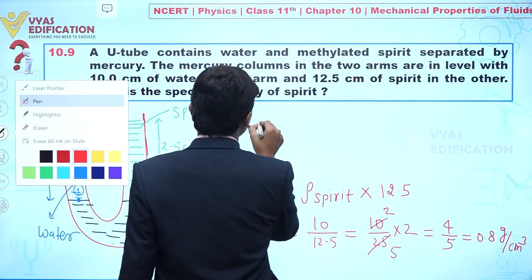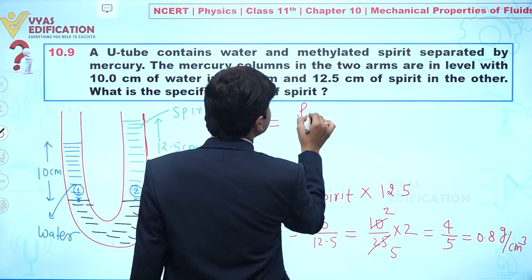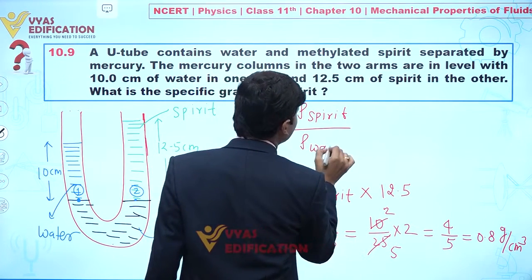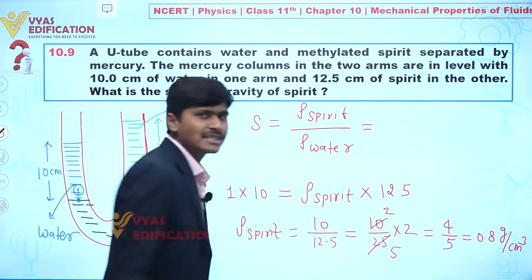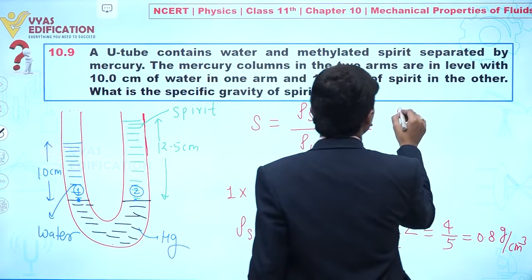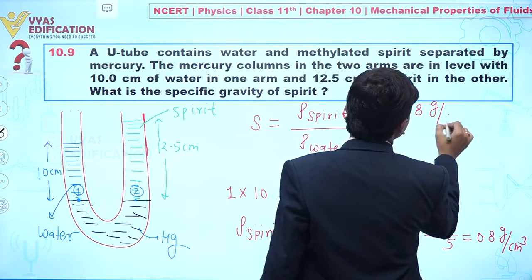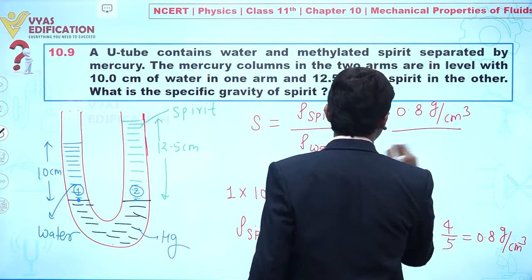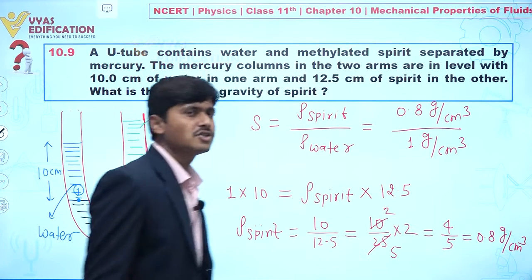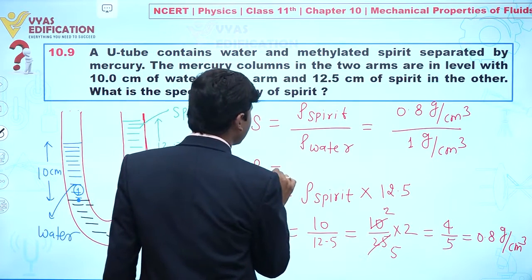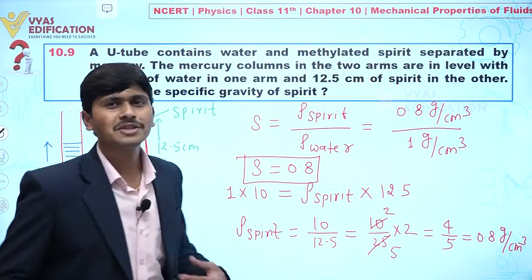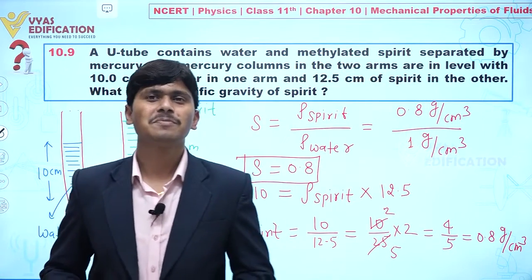In CGS terms we have 0.8 gram per centimeter cube divided by 1 gram per centimeter cube. So the specific gravity is 0.8. The correct answer of this question is 0.8.